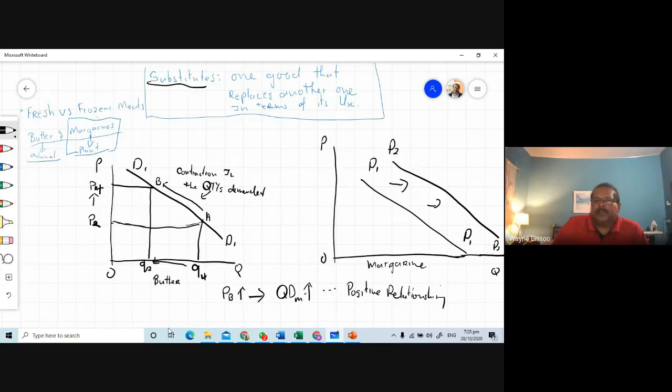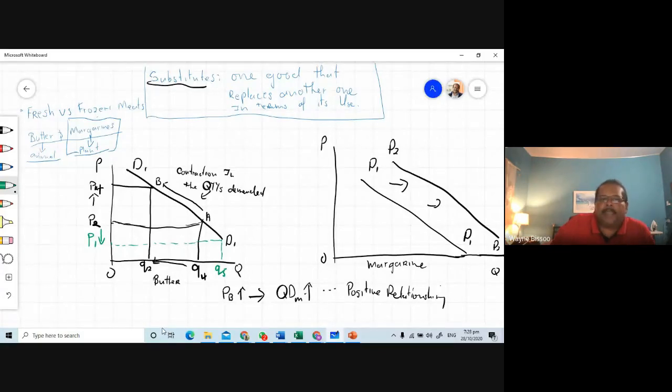So let's reverse the situation and look at it if, instead, we're going back to P2 and say prices of butter went down from P2 to P1. So prices will go down like that. So at P1 now, quantities demanded went to Q5, correct? That makes sense?